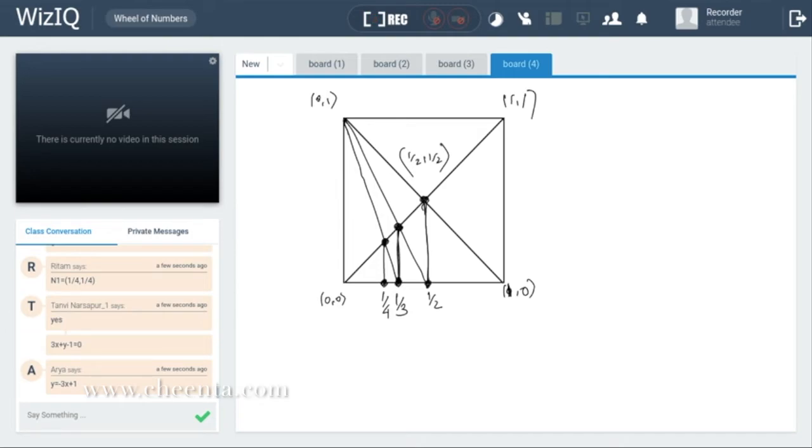What did you get for this one? Did any of you get that? The one that I just drew, the coordinate of the green point.